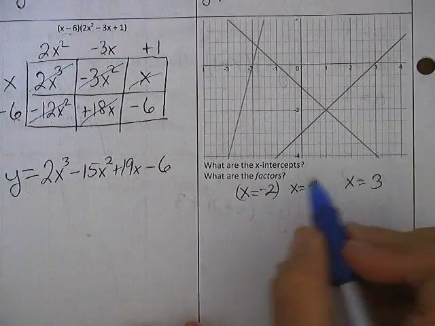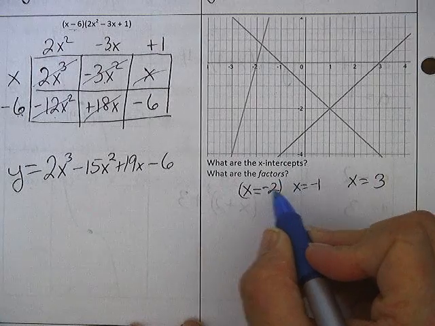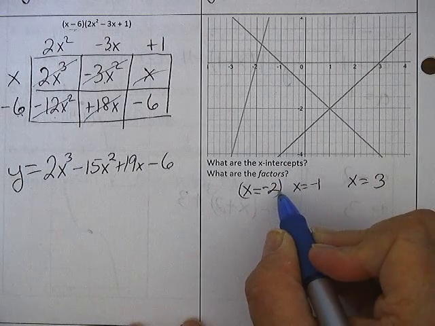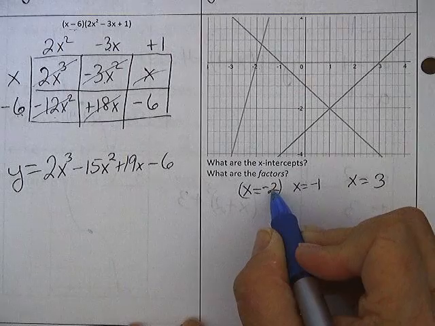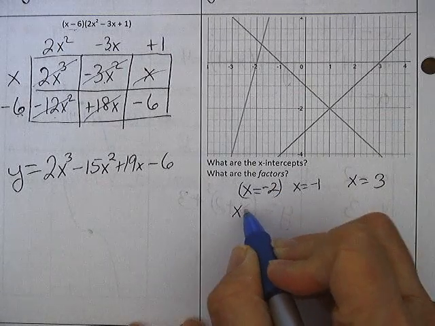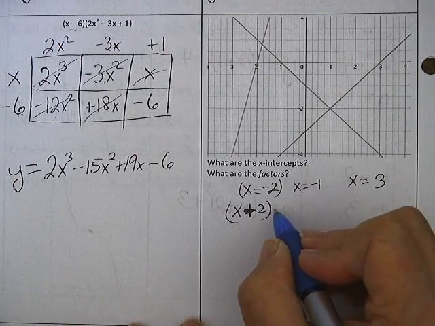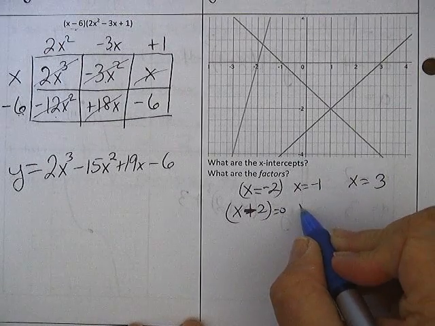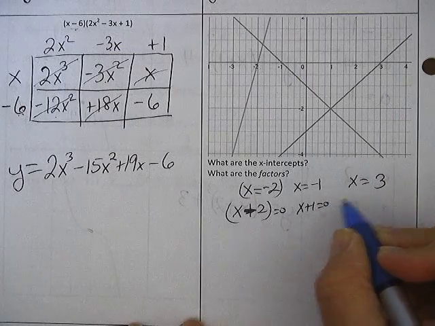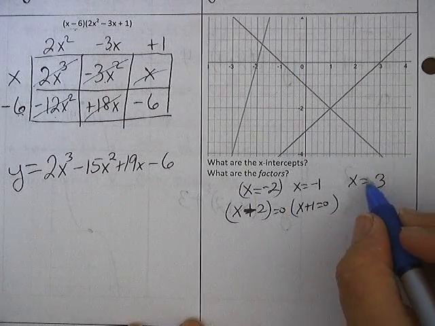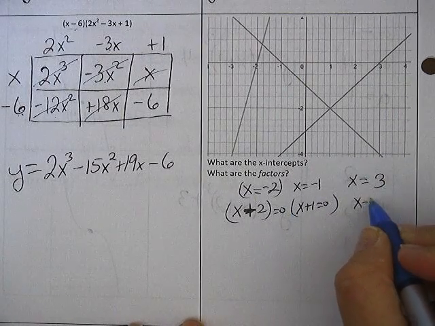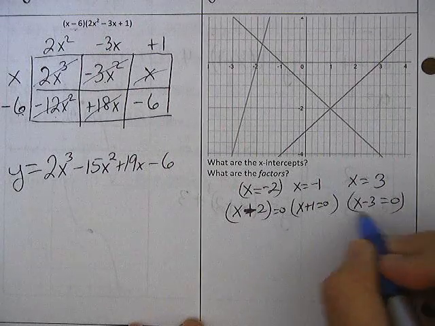And like I mentioned previously, we can discover our factors by working backwards. Set each one of these equal to 0. So I have to add my 2, so I get x plus 2 equals 0. This one would give me x plus 1 equals 0. And this one, when we subtract the 3, we have x minus 3 equals 0.